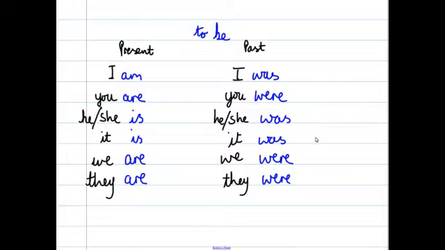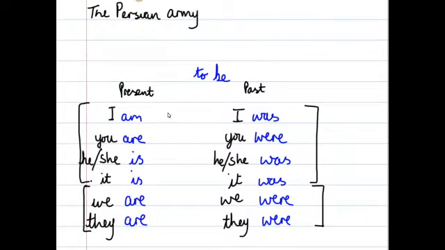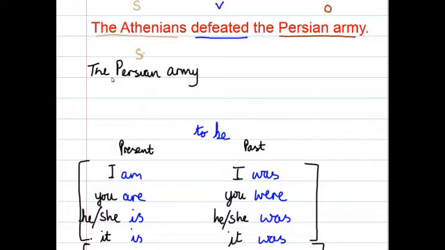So these ones are for plural subjects, so when you're talking about more than one person or thing, and these are for singular, so when you're talking about one thing or person. So we need to add the right form of this. Now, in this case, the Persian army, although it is made up of many people, an army, it is actually still only one.